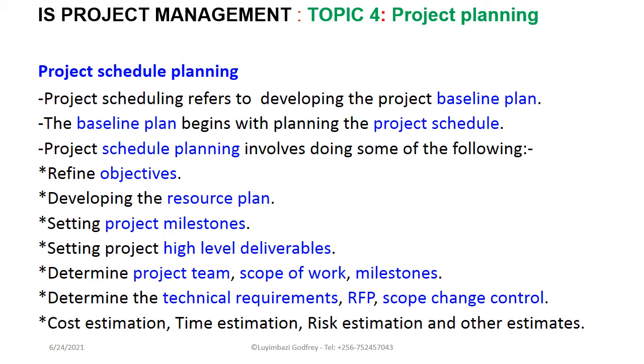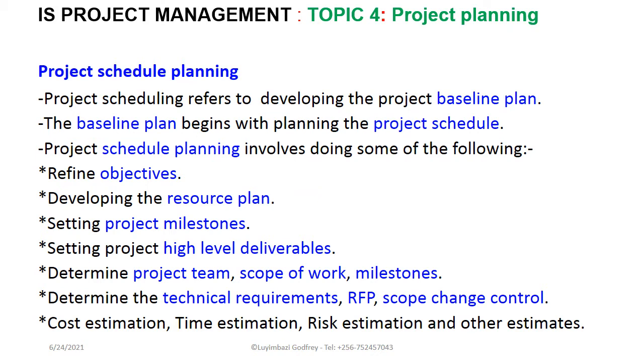So during schedule planning, we also plan the milestones. Sometimes you may use what we call a milestone schedule. I want you to read about this. A milestone schedule can assist you to plan your milestones. A milestone is an indication of a deliverable, something that indicates that we are about to reach there. That's what we call a milestone.